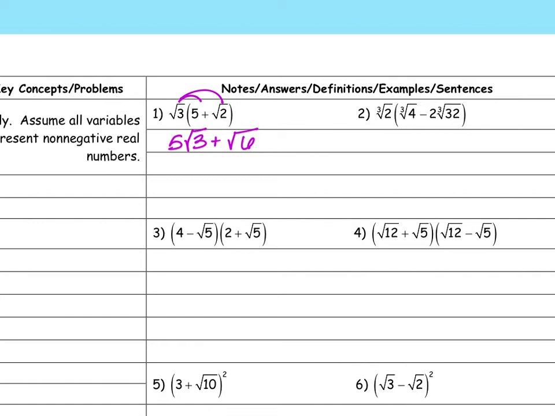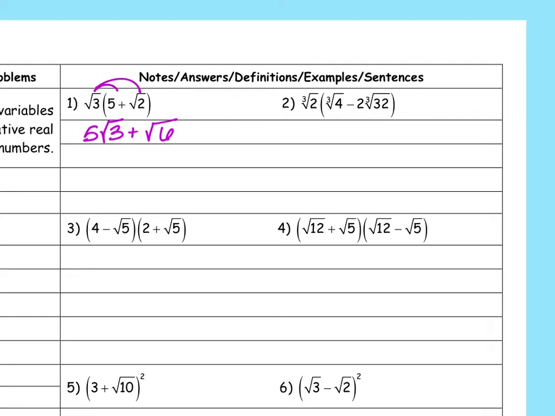This one's a little more involved, I guess I should say. So I'm going to distribute this again. And I get the cubed root of 8 minus 2 times the cubed root of 64.